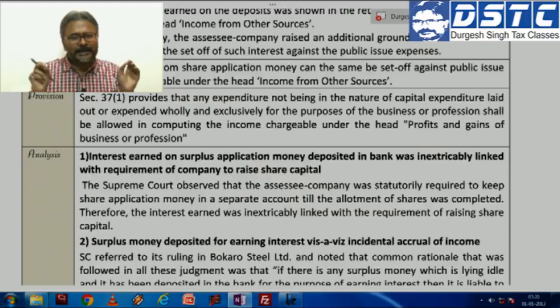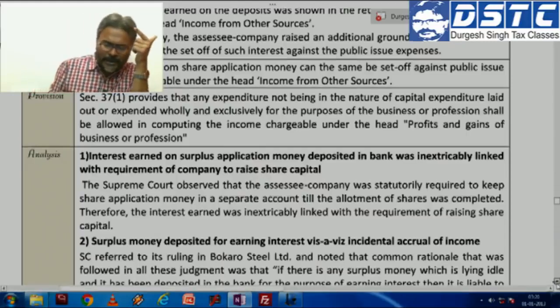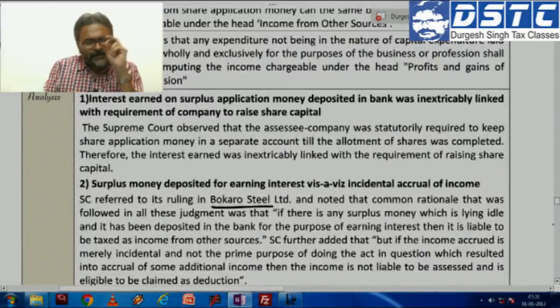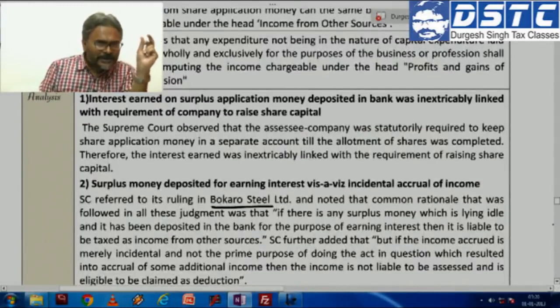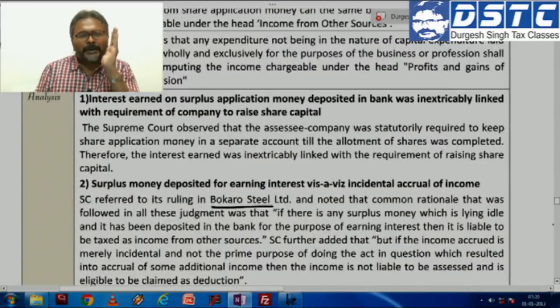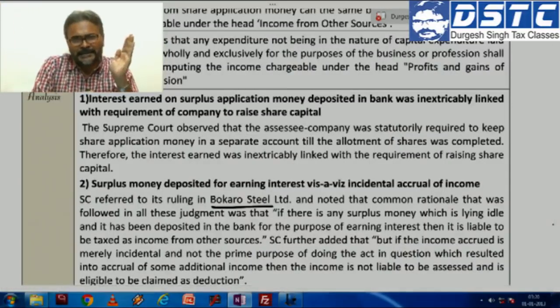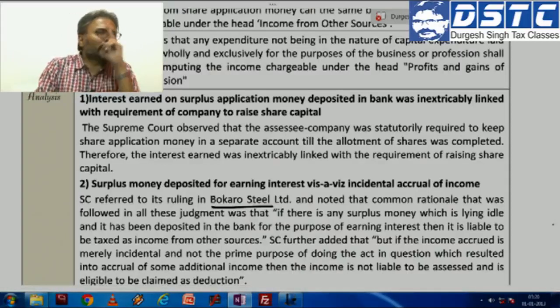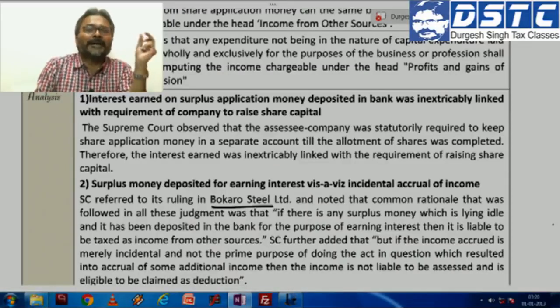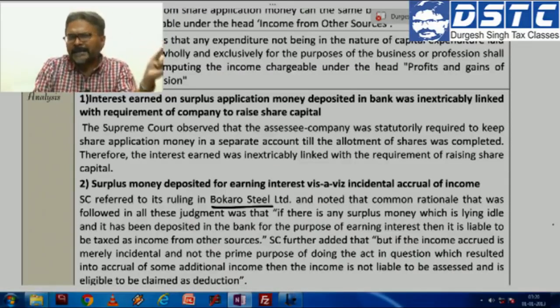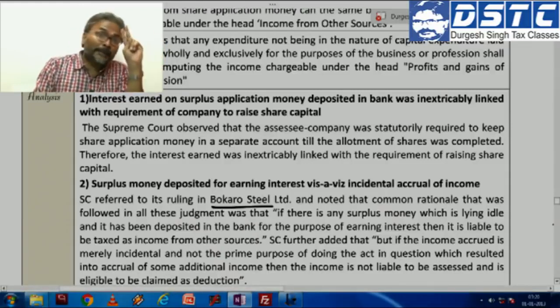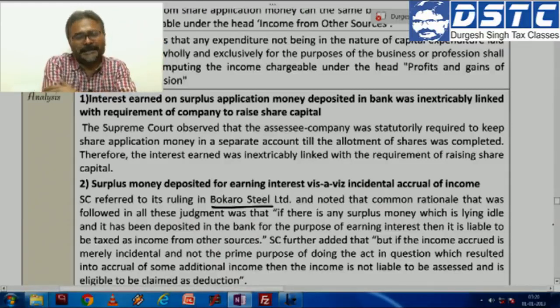The Supreme Court said that there was one judgment of Bokaro Steels Limited as well, and they went with that concept, suggesting that in that Supreme Court judgment, during the trial run some income was earned by the SSC, and the income earned during the trial run period was adjusted against the trial run expenditure, and only the net expenditure was capitalized with the cost of the asset.